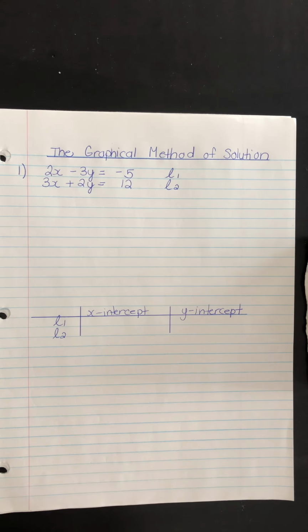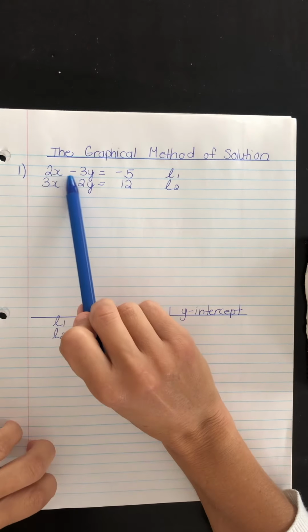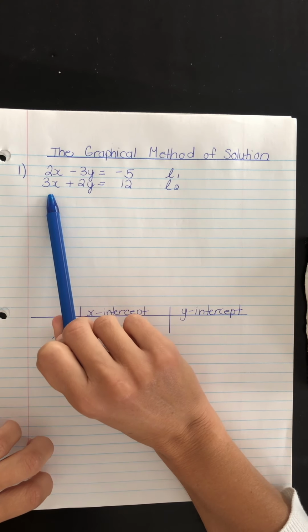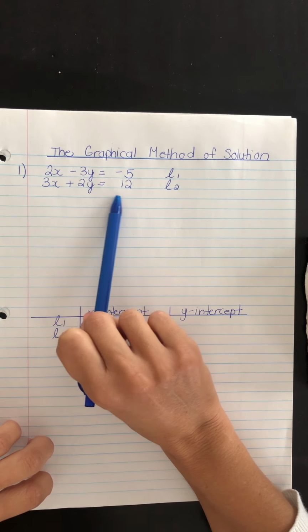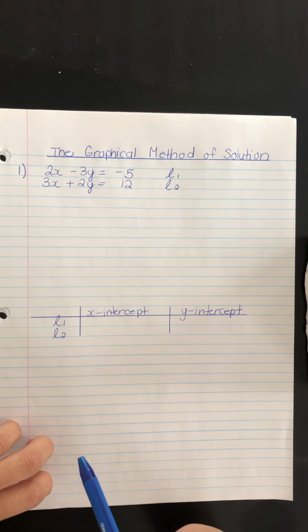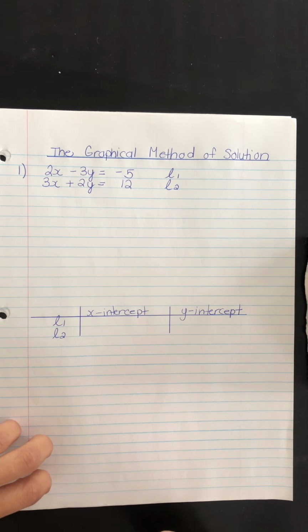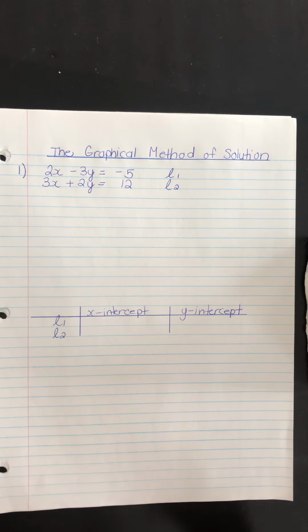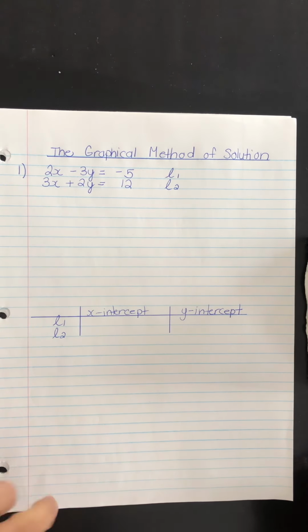Okay, so we've got line 1 is 2x minus 3y is negative 5. Line 2 is 3x plus 2y is 12. Now, as you know, to draw a straight line, you need only 2 points on that line. And you can randomly generate 2 points.